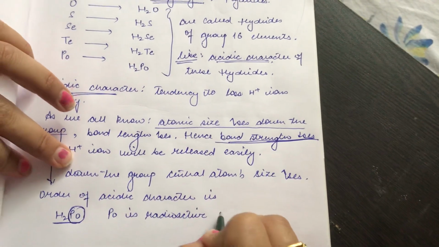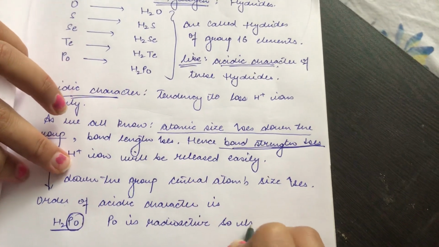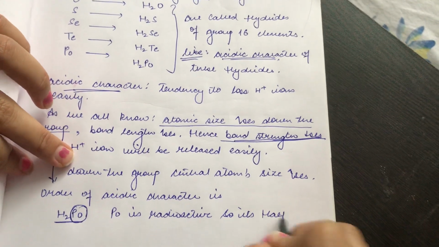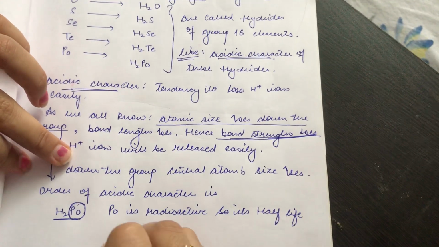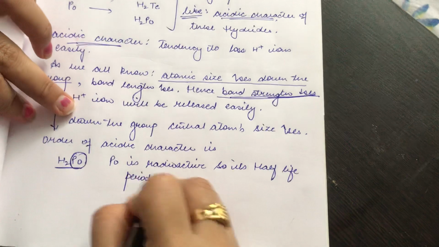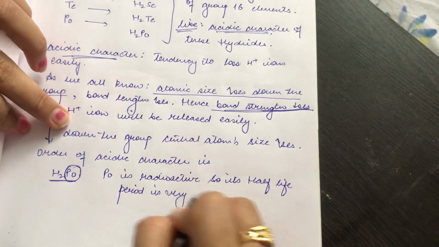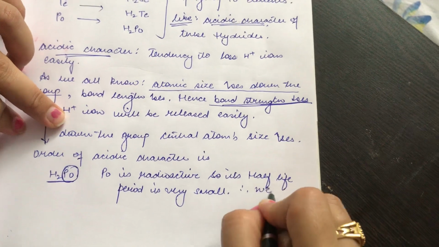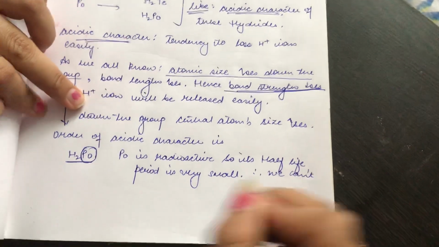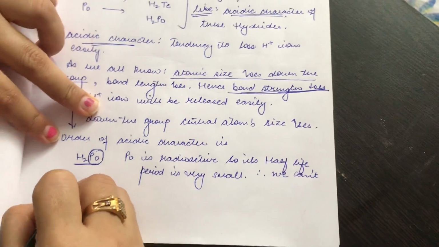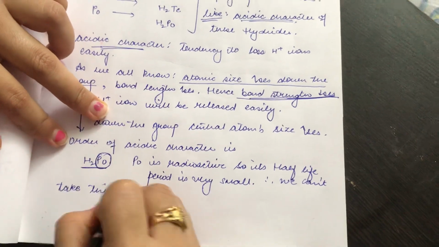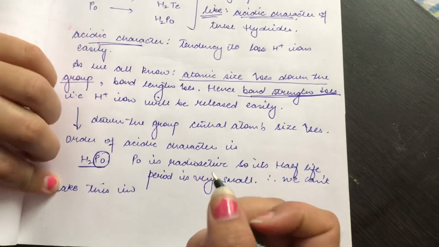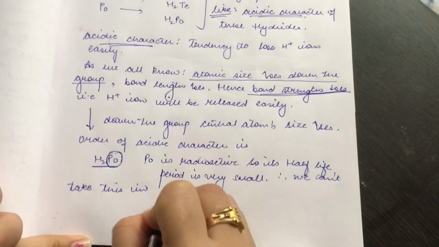Polonium is radioactive, so its half-life period is very small. Therefore, we cannot take this in the order.